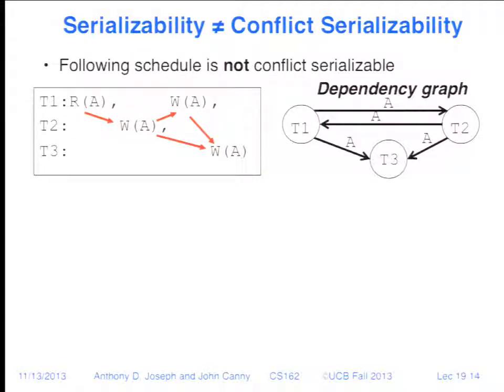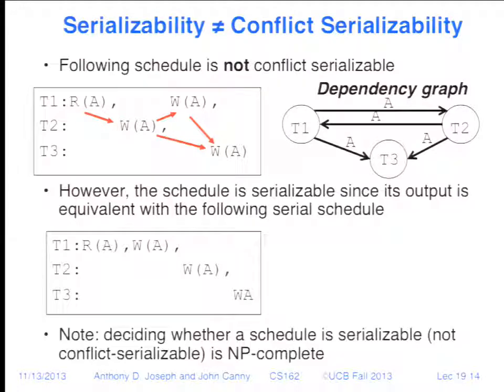Does anybody see what it is? Yeah, good. You do the simplest possible thing, arguably, which is just ignore the constraint between the writes of T1 and T2, because T3 is going to overwrite A anyway.